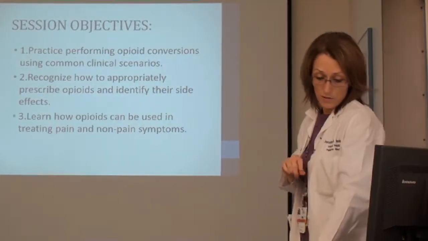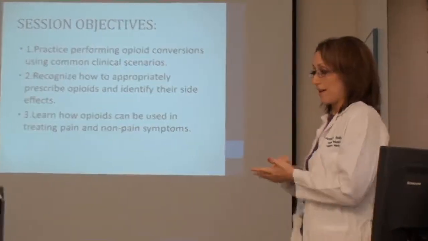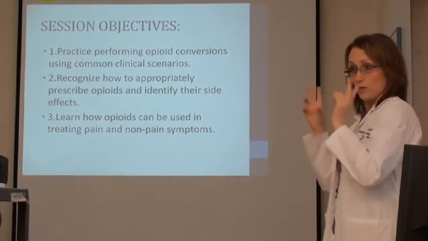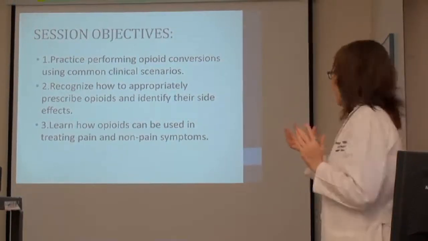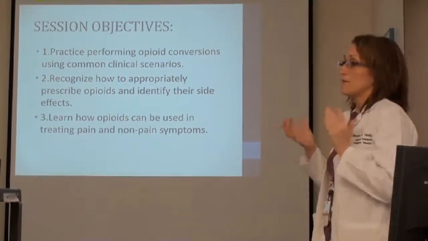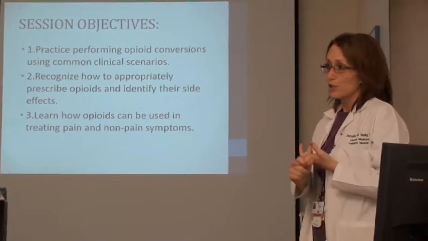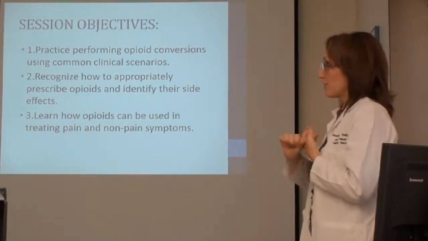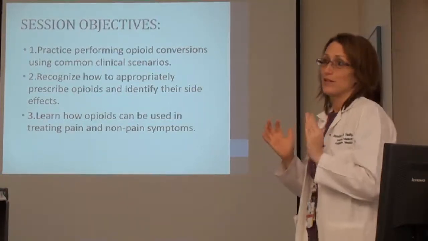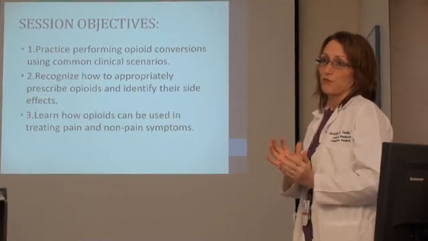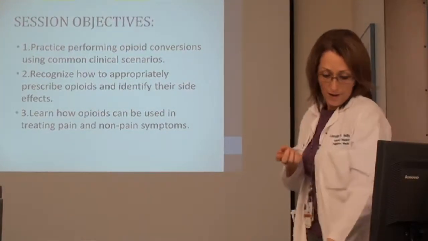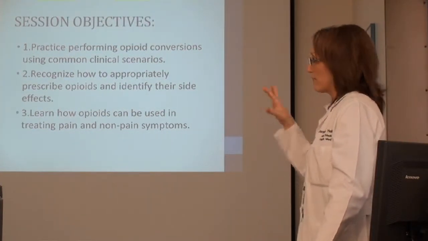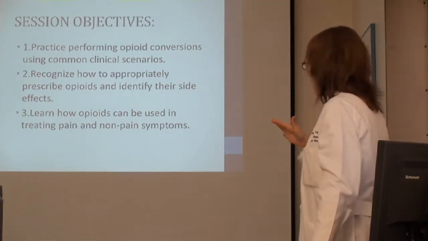I do want to say right at the beginning, because we have elders in our title, that when you're using opioids in elders, you use the same concepts, except you're going to start low and go slow. You're going to be very conservative with your starting doses, but the conversions will be the same.